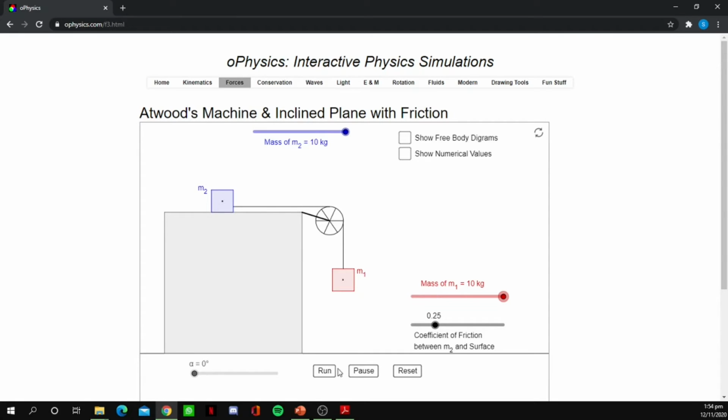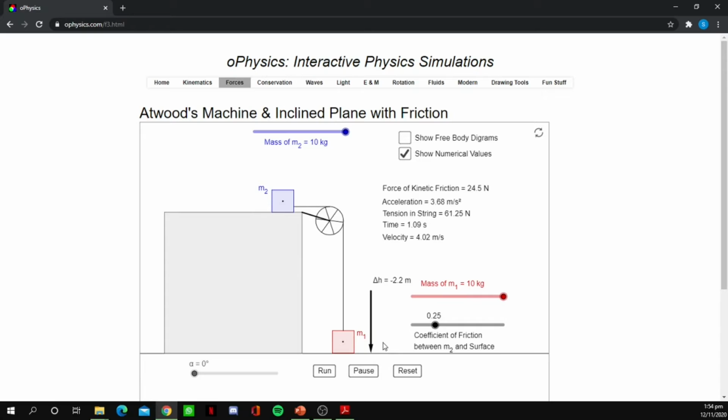So if we click run, the speed of M1 is going fast, so we must reduce the mass of M1 to make M2 barely move toward M1. So in our lab, we use 2.6.